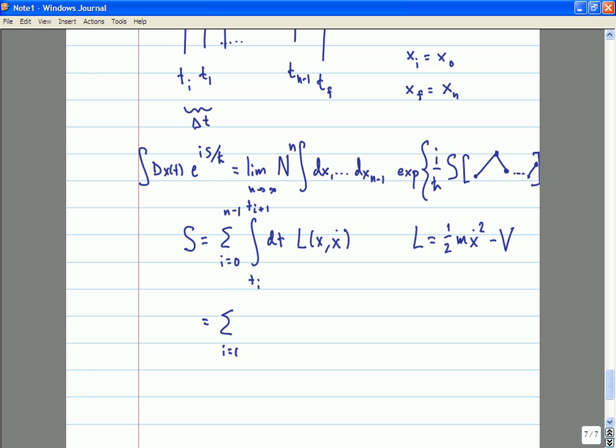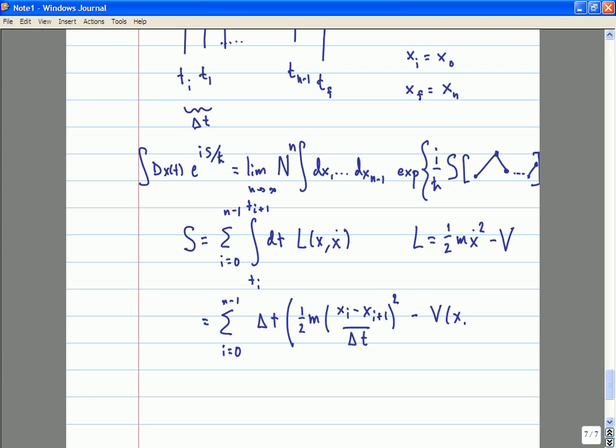I can approximate it by delta t times 1/2 m times the difference x_i minus x_(i+1) over delta t, squared. So that's just the square of the velocity, minus V evaluated at x_i. Okay.